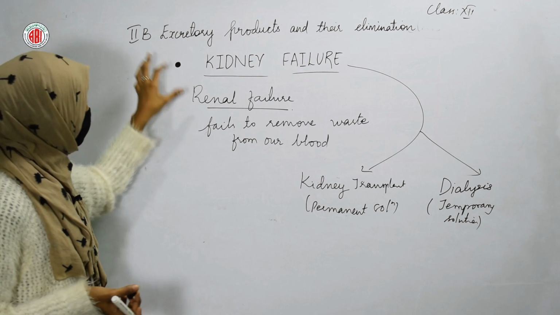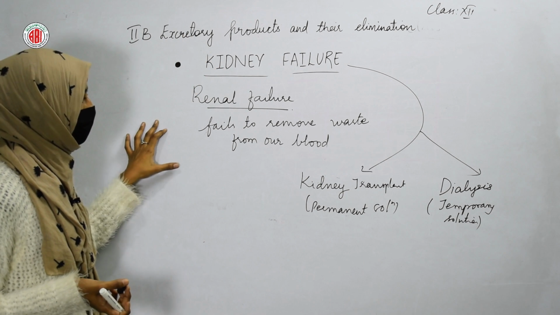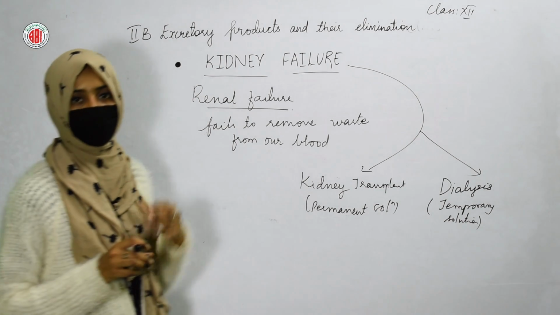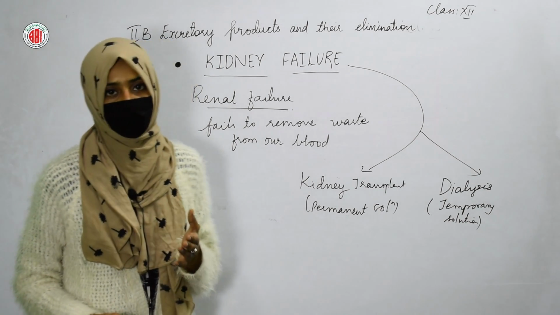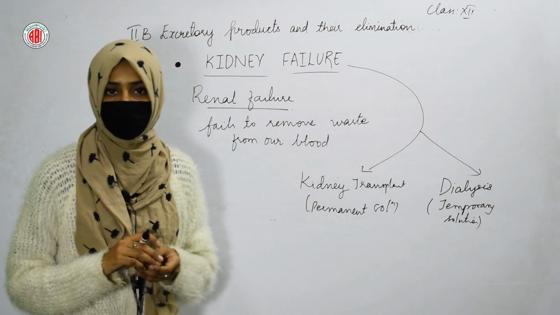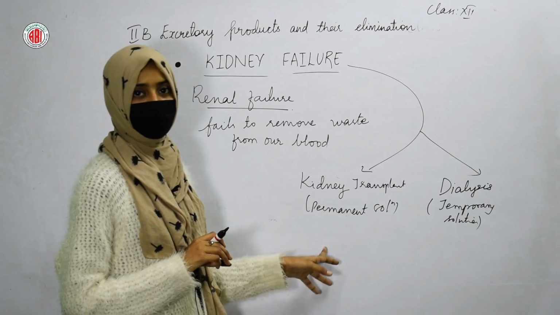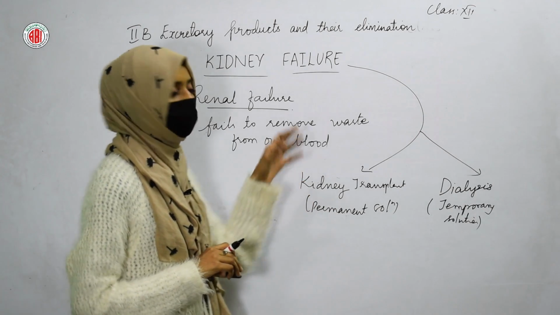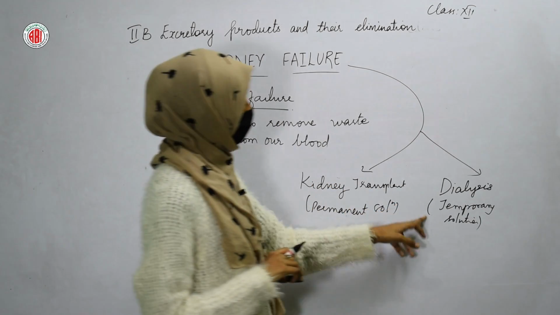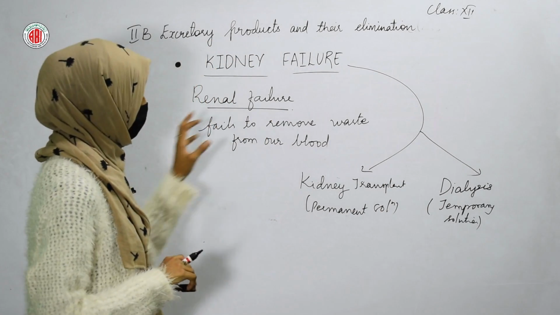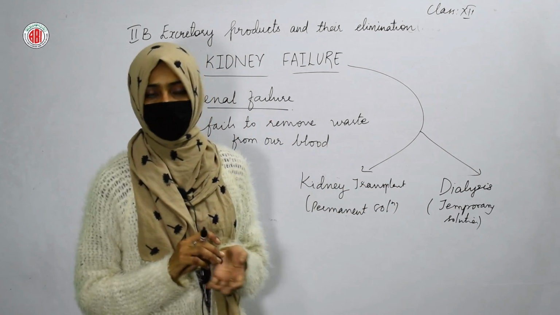If the kidney fails to remove the waste from our blood, then our blood contains a lot of waste material that is going to be circulated throughout our body. It can affect the different organs of the human body. So kidney failure patients can go for a permanent solution, that is kidney transplantation, or a temporary solution, that is dialysis. Now we are going to discuss both these solutions a little bit in detail.